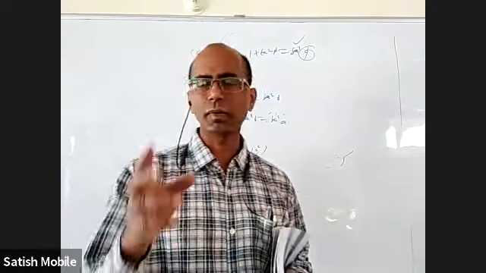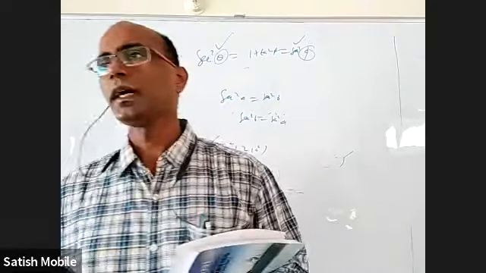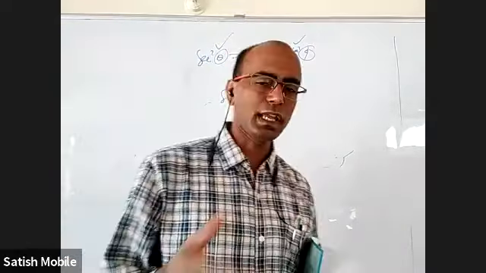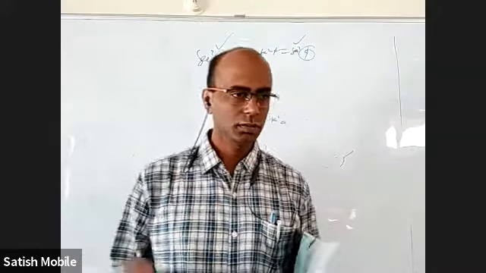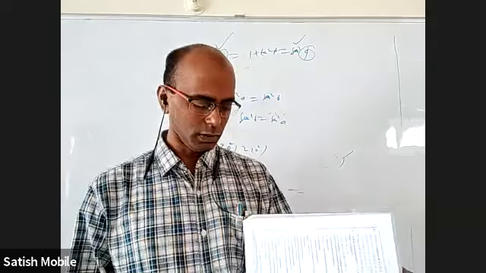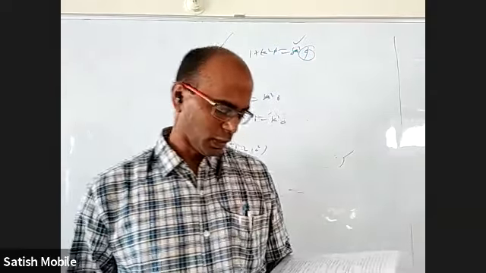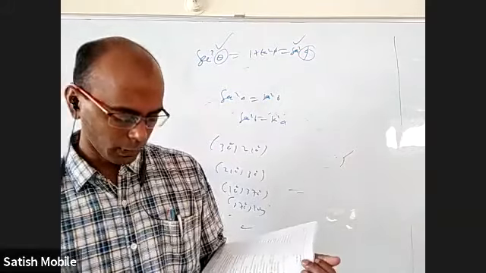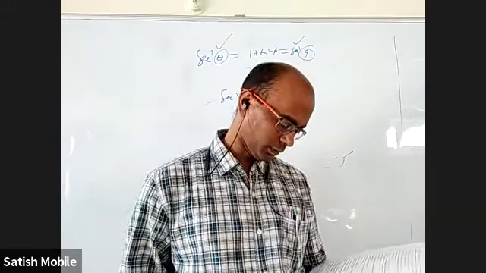It is not transitive. It is as good as mod A minus B less than equal to 1 kind of question only that we have done. It is obviously reflexive because you take same element or same person, the distance between them is 0. 0 is less than within 1 kilometer only. Right now, every person is within 1 kilometer of that person himself. So it is reflexive, symmetric, but not transitive.